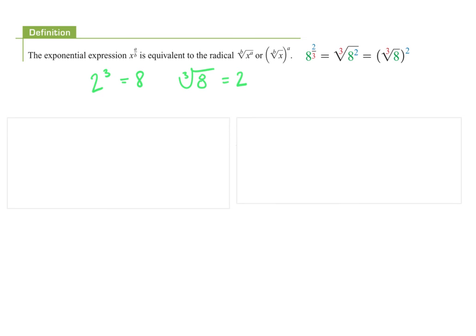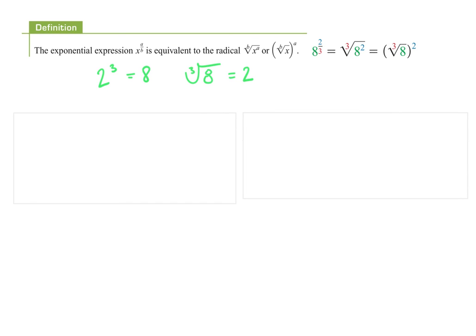But there's actually a bigger relationship than that. You can rewrite a radical as an exponent, and you can rewrite an exponent as a radical. And the only way you do that is with fractions. So if I were to say the square root of 16, I could rewrite that as 16 to the 1/2.